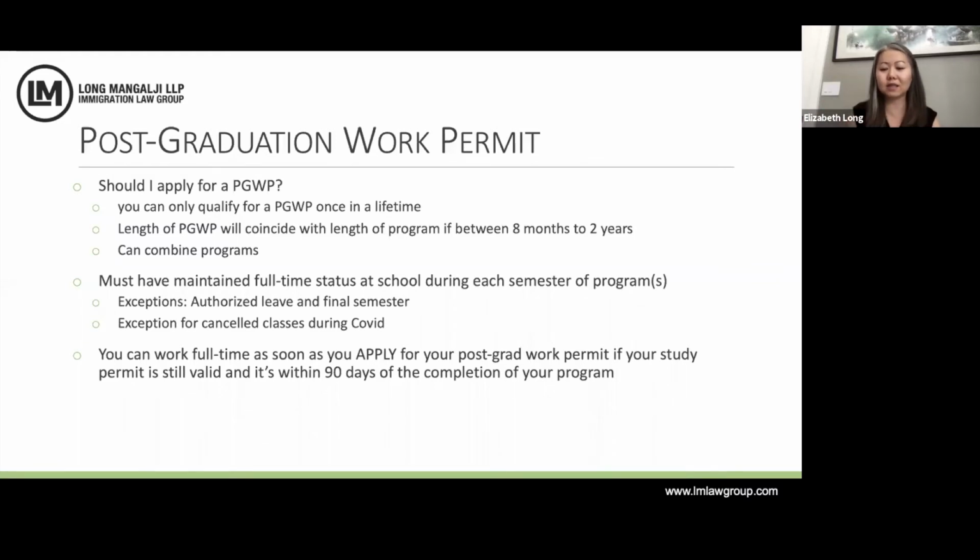So in essence, keep that deadline in your head. If your study permit expires before 90 days, you are going to apply before your study permit expires. If your study permit expires after 90 days, you're going to apply before the 90 days is up. And then you can work while you're waiting for your postgrad work permit to be issued.